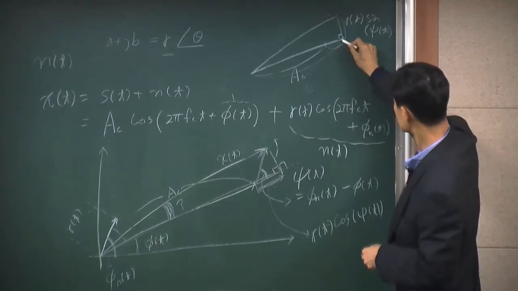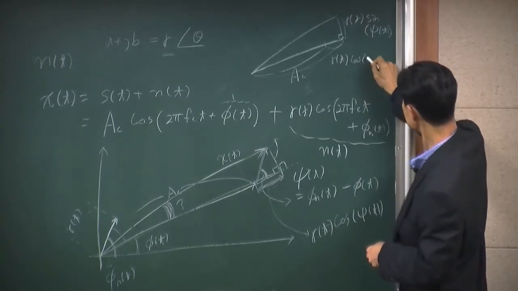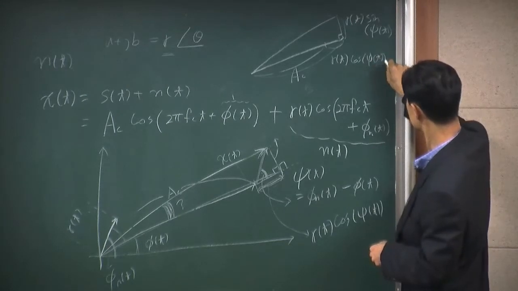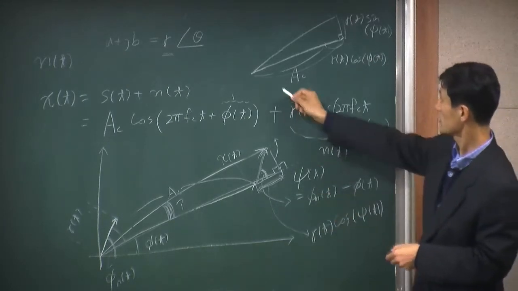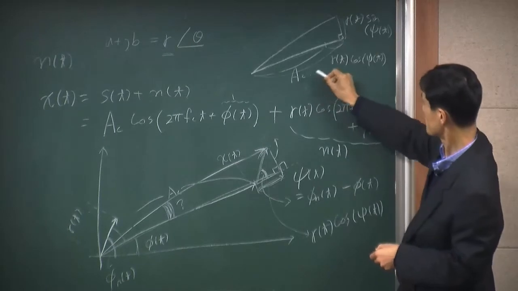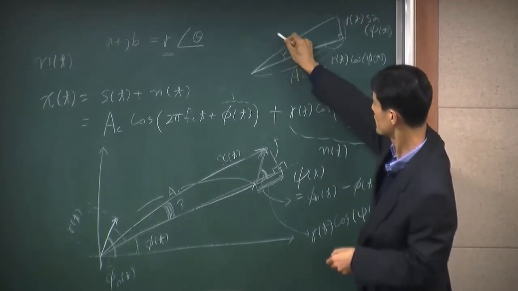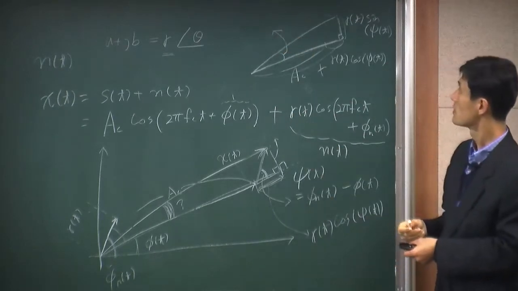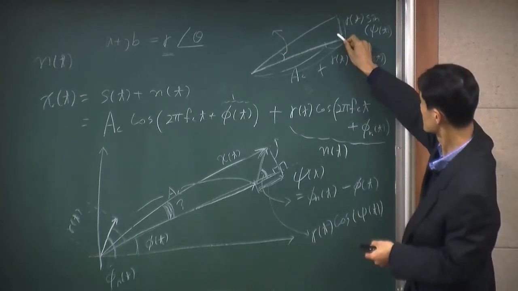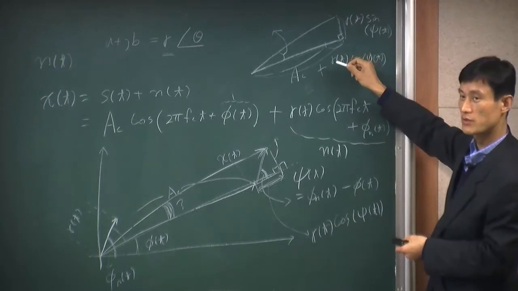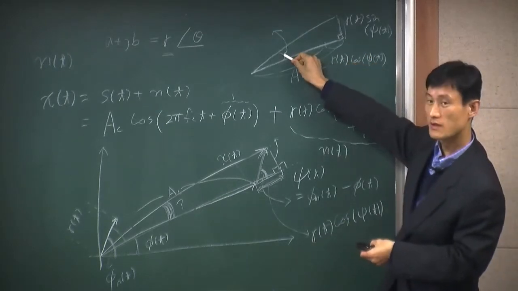So here, this amount is RT cosine psi t. Now we know that this is this plus this, and this one is this. And we want to find out this one. We know that this triangle has a 90 degree angle here, so we can simply calculate this angle.